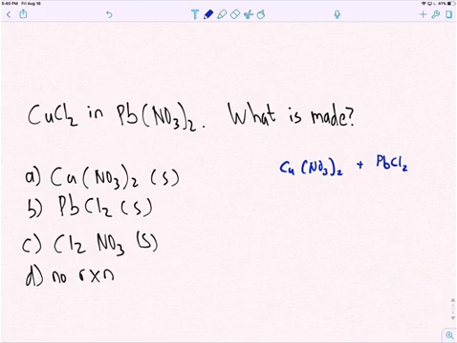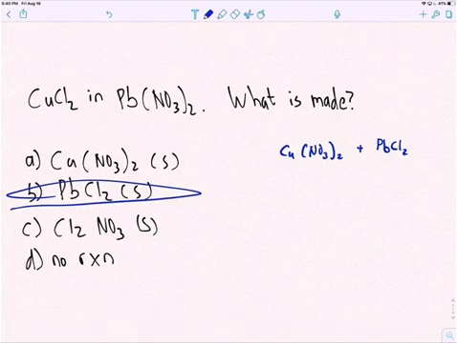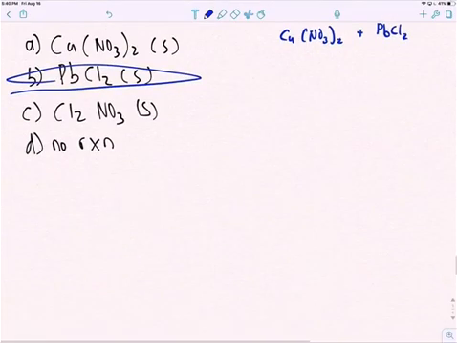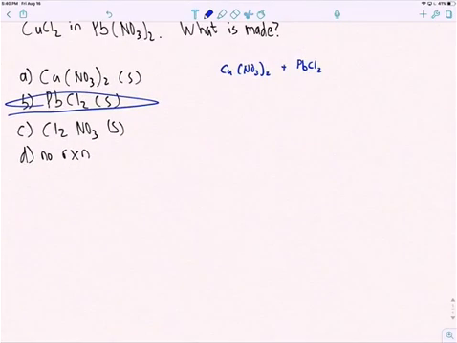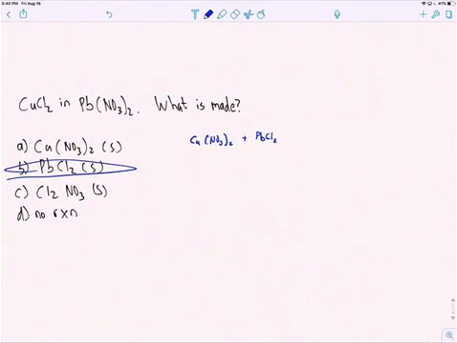And if you look at the chart, lead chloride is an exception, so lead chloride will form as a precipitate. Copper nitrate, all nitrates are soluble. CuNO3, that doesn't exist, that's two cations. Or no reaction is a possibility. Nothing, that's not true. In this case, there is a precipitate. Okay, so join me for the next one.